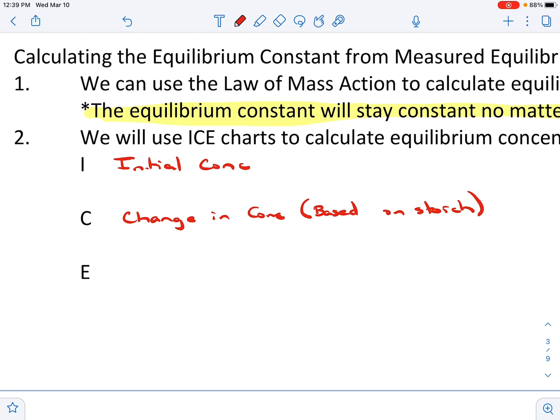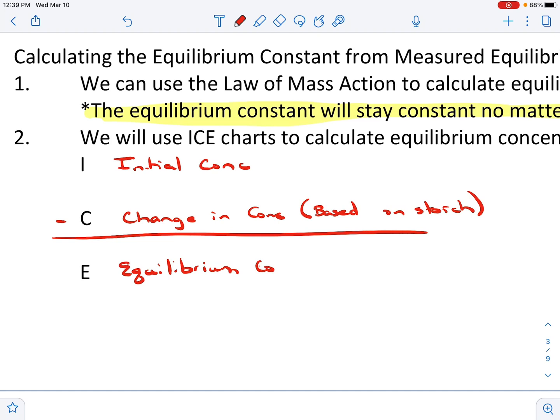Our last one, E, is our equilibrium concentration. This is just putting those two together and subtracting them. These are our equilibrium concentrations, and that is what we can then put into our Kc, our equilibrium constant expression, when we're ready for that.